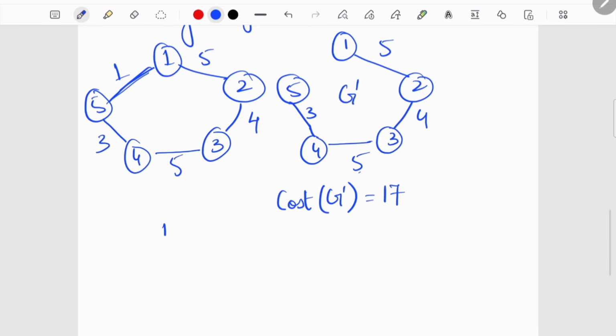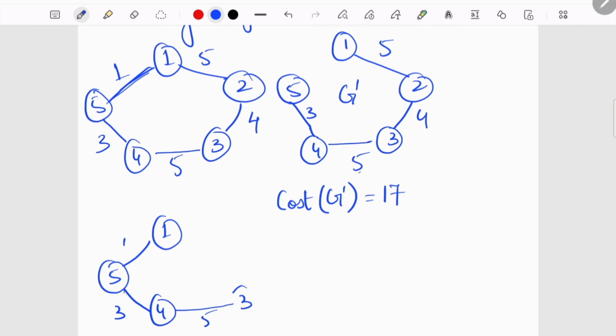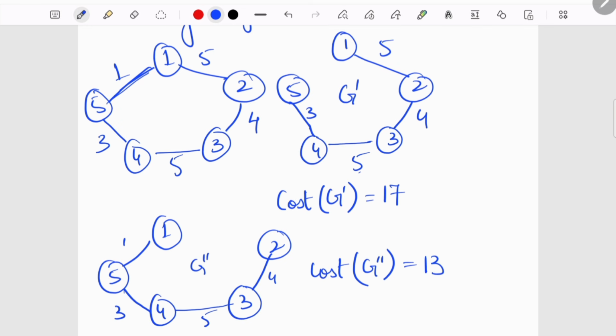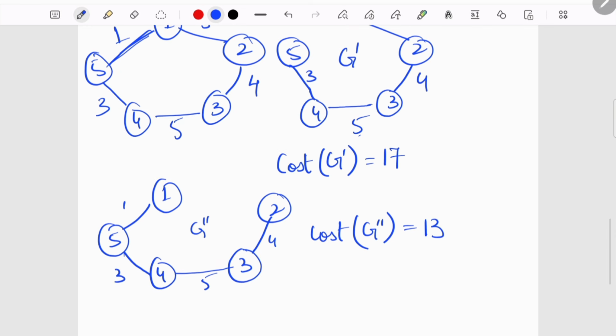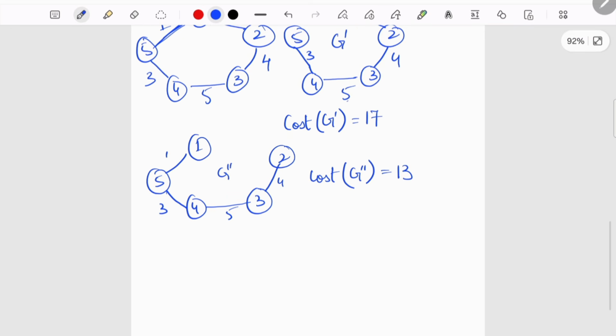Now say I create the other spanning tree here, which is like this, and this is G''. What is the cost of G'' here? 1 plus 3 is 4, plus 5 is 9, plus 4 is 13. Similarly we can have a different spanning tree also.